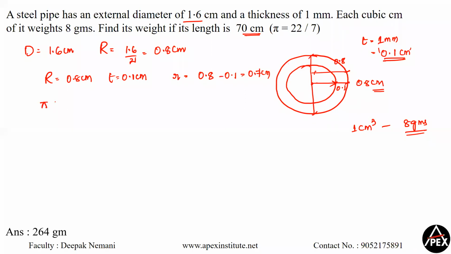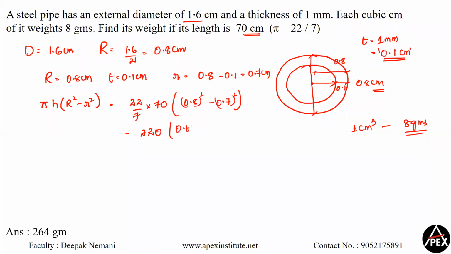It will be pi into h into capital R square minus small r square. So this will be 22 by 7 into length 70 centimeters into 0.8 square minus 0.7 square. So this will be 22 by 7, these will get cancelled. So 220 into 0.64 minus 0.49.